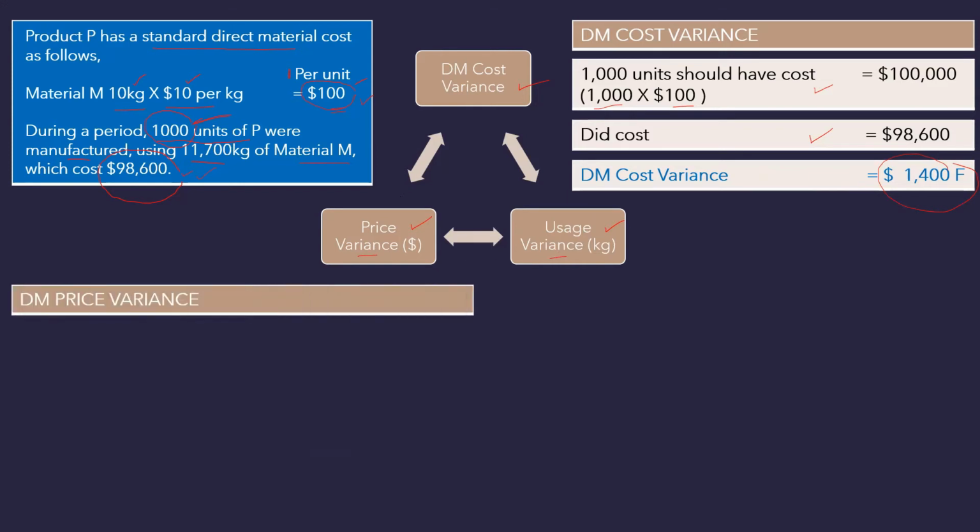The direct material price variance, what does it mean? Here, we need to calculate it on the actual usage of material.